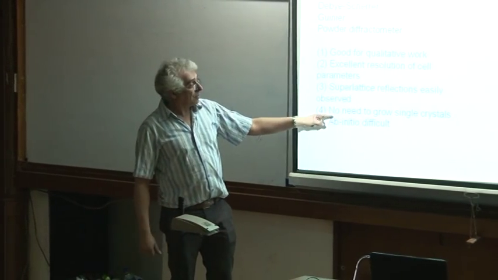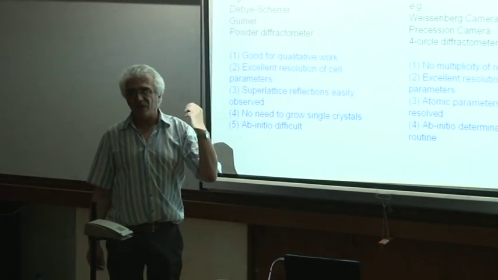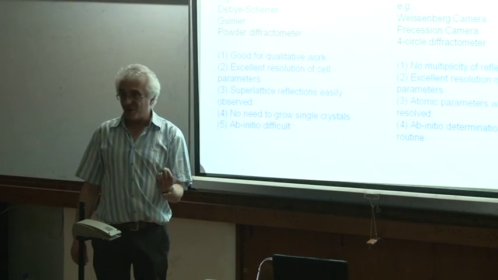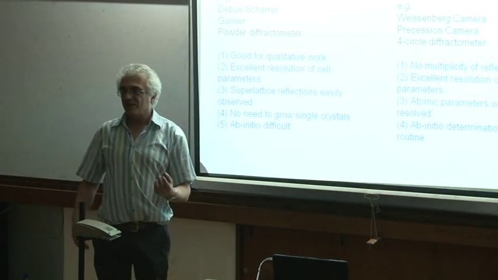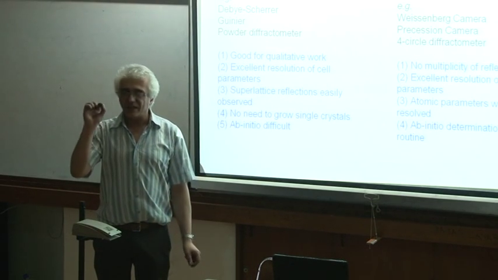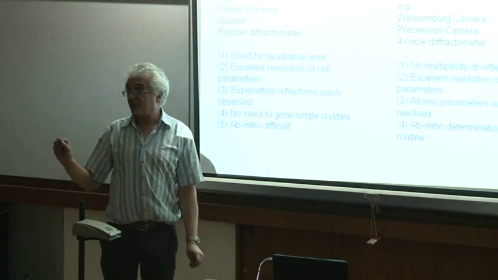But there's no need to grow single crystals. Those of you that have tried to grow crystals for single crystal analysis know it's not always easy. Sometimes your powder will just crash out every time, and to get that one tiny perfect crystal can take months in some cases.